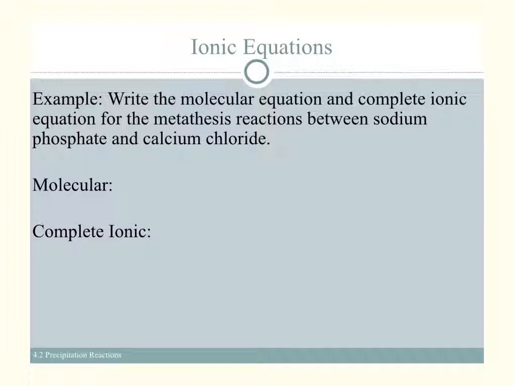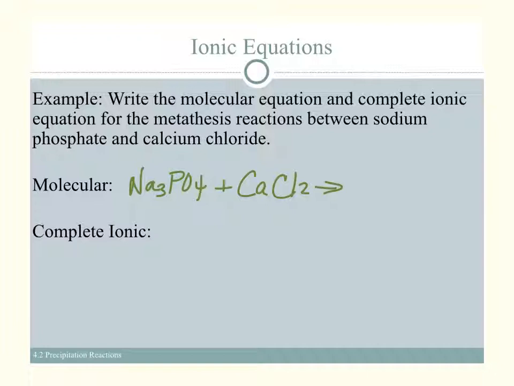Okay, for example, write the molecular equation and complete ionic equation for the metathesis reaction between sodium phosphate and calcium chloride. So, sodium, we know, is Na. It has a +1 charge. Phosphate is PO4 with a -3 charge, so that's Na3PO4. Plus calcium is 2+. Chlorine is -1, so when I drop and cross, I get CaCl2.